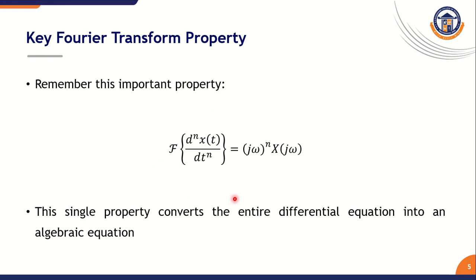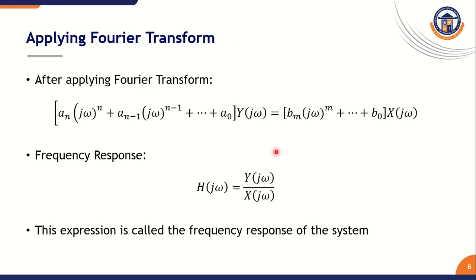Using this property, we can simplify the differential equation using the Fourier transform. This property converts the entire differential equation into an algebraic equation. This is the algebraic equation. Using this property we can solve the LTI system.